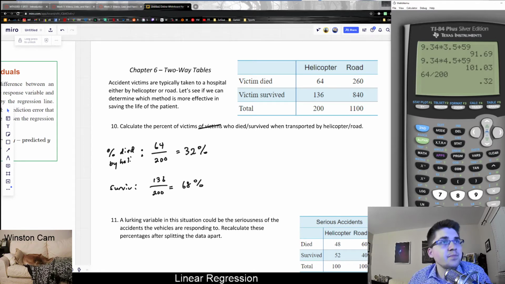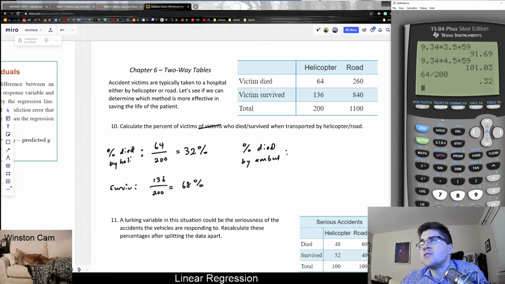Now we could do the same thing for ambulance or by road, so let's see what percent died when taking an ambulance instead. And here there's a different total. We had 260 died. It seems like a lot more died, but with respect to the total it's more meaningful, because this gives us a percentage, a rate of how many died based on the total.